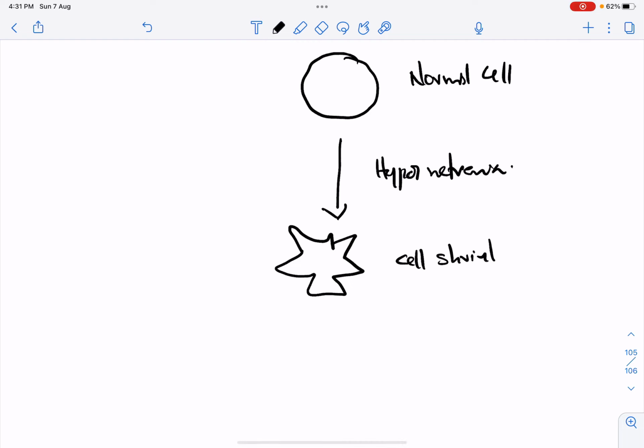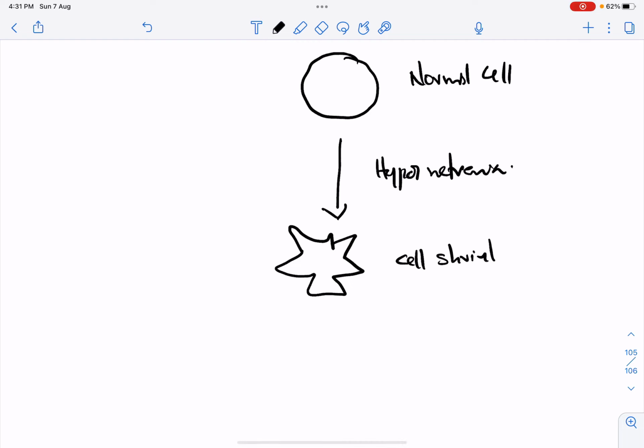We have a 60 kg woman presented with symptoms of hypernatremia, and her serum sodium value was found to be 168 milliequivalents per liter. Okay, so now how to correct it?